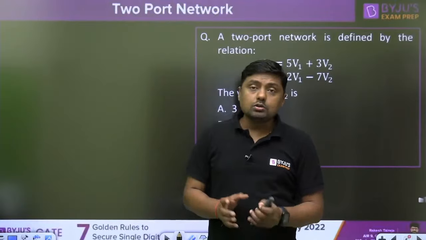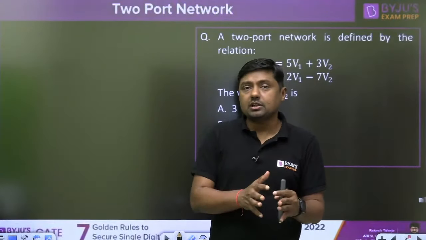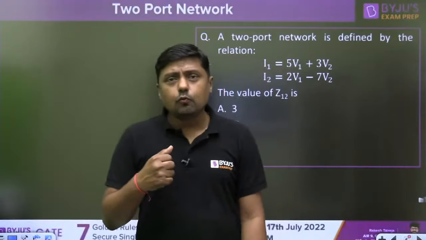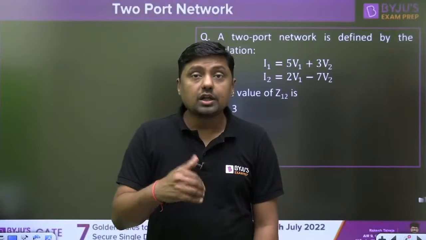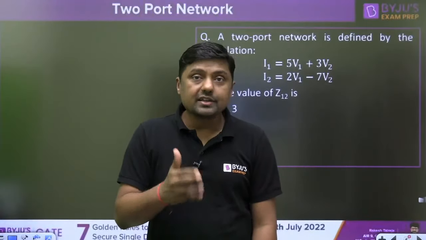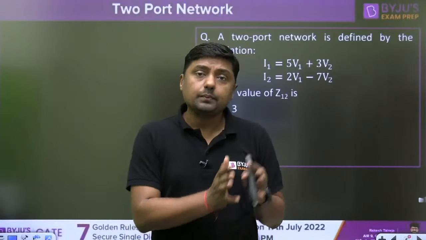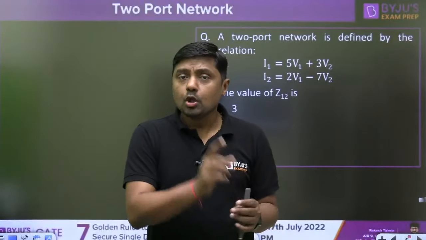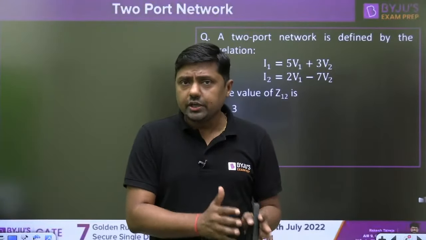Now, what about the conversion from one parameter to another? And when the networks are connected in parallel or in series or in cascade, then what will be the equivalent parameters? We will discuss all these things in this session, so stay tuned with me.